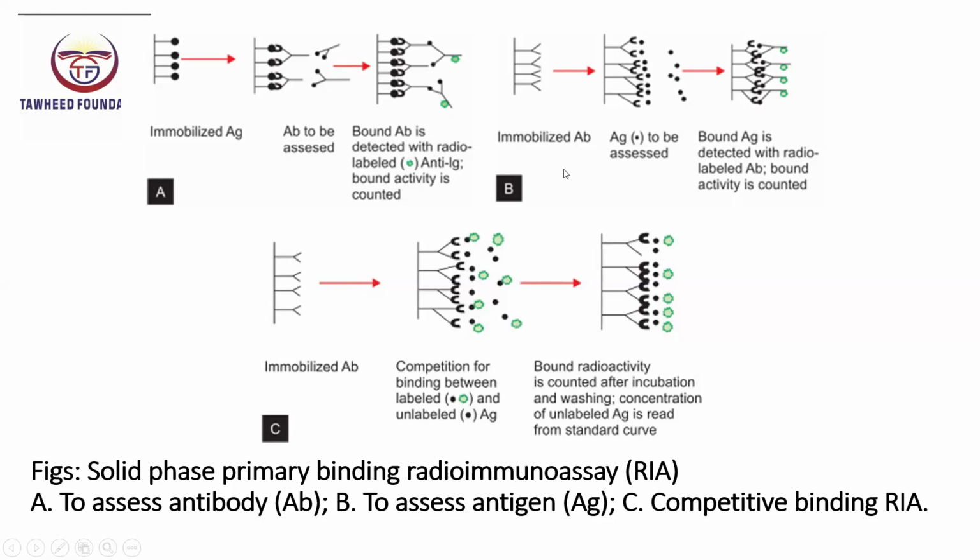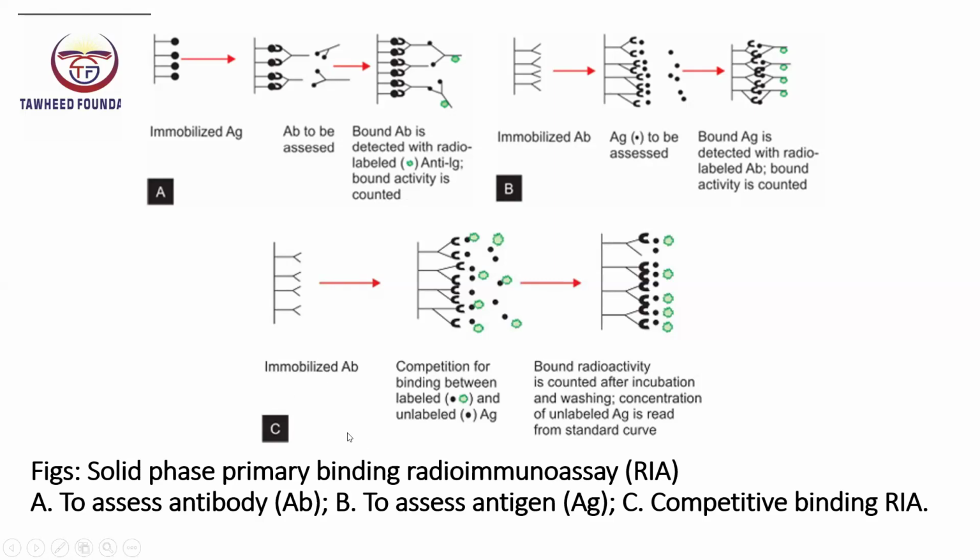In figure B, the reverse setup is used to assess antigen concentration. The solid surface is coated with antibody and the patient sample containing antigen is added. A radiolabeled secondary antibody binds to the captured antigen, forming a measurable immune complex.